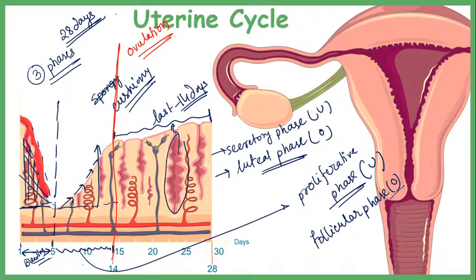Now this corpus luteum secretes progesterone. This is what happens for the next 14 days in the ovary, and that's why in the ovary this time period is known as the luteal phase. And as the glands of the uterine endometrium are secreting at this phase, for the uterus this phase is known as the secretory phase.